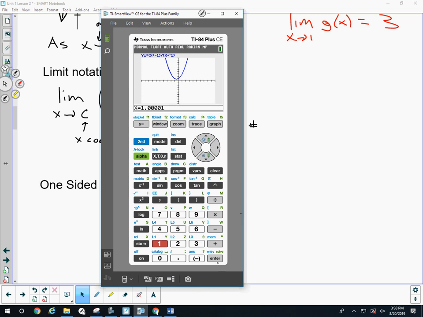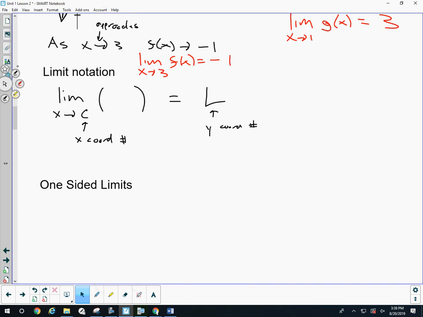Well, we would consider this two sides of the same limit. We'd have a left side, which would be less than 1, and a right side, which would be greater than 1. And we are going to use notation to denote those sides. So instead of just the limit as x approaches c, I can either use a c with a minus sign in the exponent of c, or c with a plus sign in the exponent of c.